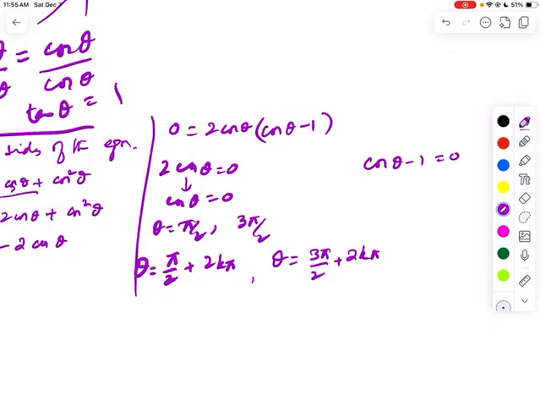And this other equation will give me cosine theta is 1, so that theta is 0 plus 2k pi, or theta equals just 2k pi.